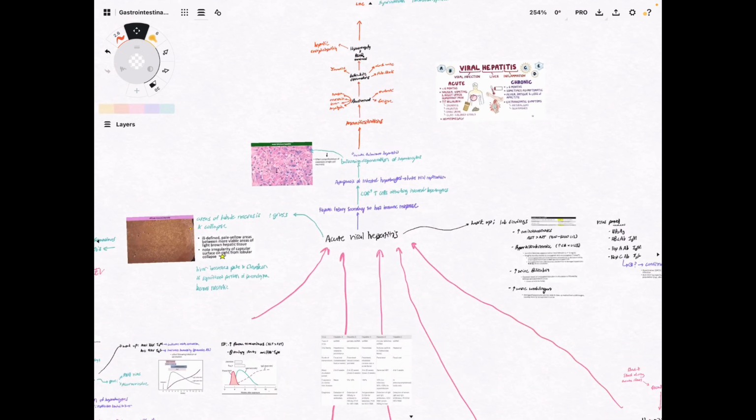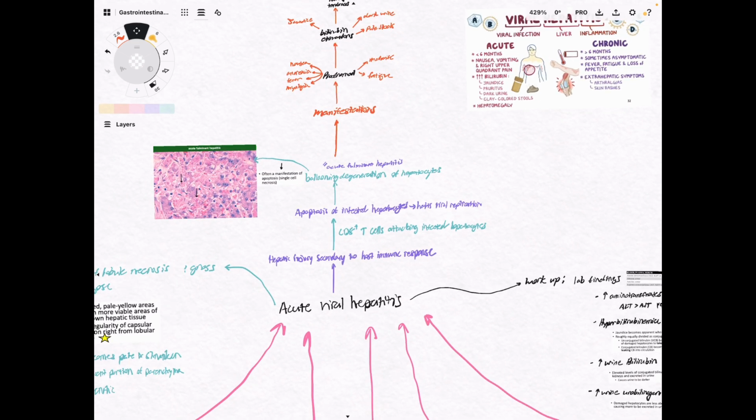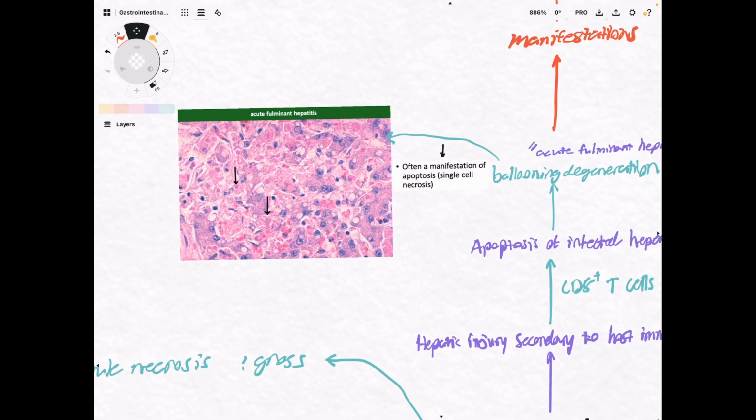Before we do that, though, I want to touch on the general stuff that these all can cause. The main method of injury for acute viral hepatitis is whenever that virus gets into the hepatocytes, you're going to have an immune response, and that's mainly going to be a CD8 T cell, so T cell lymphocyte, that's going to cause the hepatocyte to undergo apoptosis, which mainly is just a ballooning degeneration of the hepatocytes, like cell suicide.